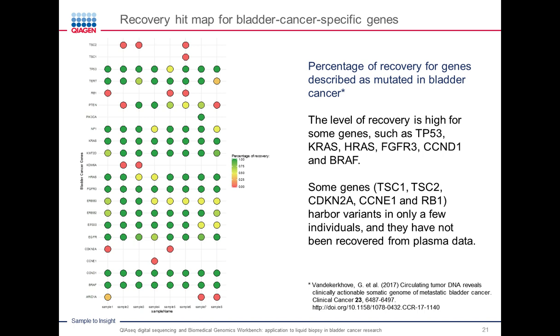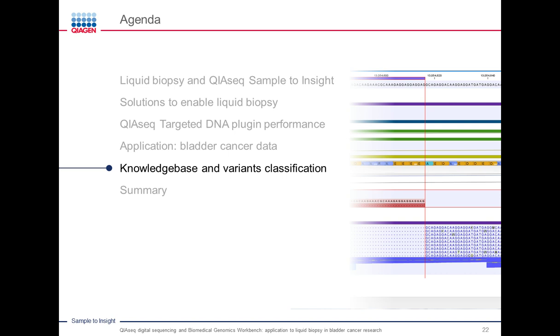This is, as I mentioned, a very localized tumor, so this might partially explain why we haven't been able to reach a higher level of recovery also for these important genes that normally are associated to the disease.